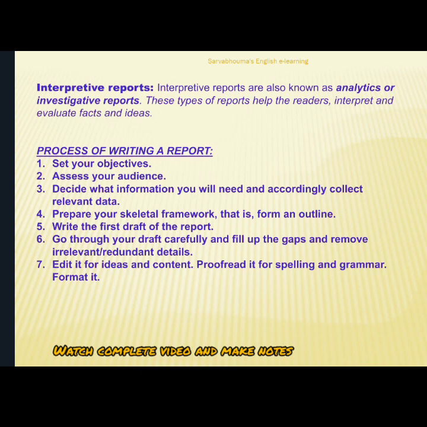Number 7th, edit it for ideas and content, proofread it for spelling and grammar, format it. It is the most important thing. Proofreading is the most important thing. We must check the spelling, grammar, punctuation, each and everything, because report writing is a routine activity in a professional's life. Okay.